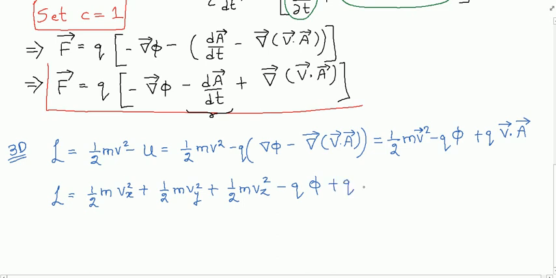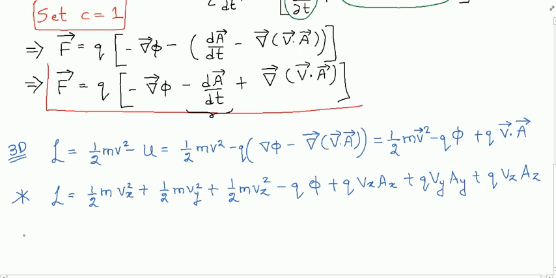Now there is a dot product, so there is vx ax, and then plus vy ay, and then plus q vz az. Why I did this is to make myself stand on an easy position to find the Lagrange equation of motion.